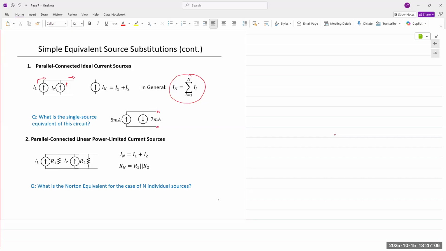So here you have one current source going up, one current source going down. If you take a look at our circuit, which way is the total current flowing? If I have IN, which direction is IN flowing? Is it going up or is it going down?